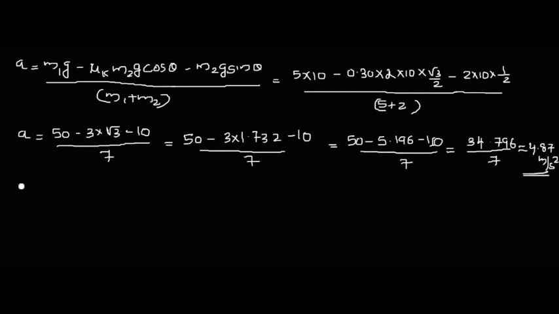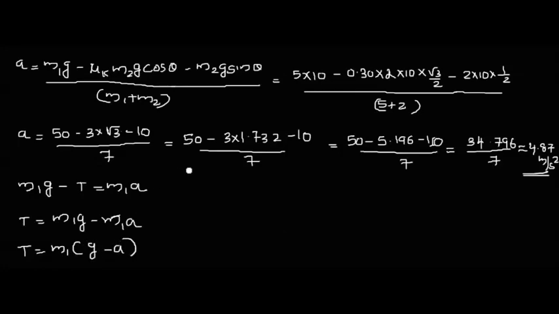Next, to get the value of tension, we have to use either equation number 1 or equation number 3. I am taking equation number 1 because the tension is the same for both the objects. So m1g minus T is equal to m1a. From this, tension T is equal to m1g minus m1a. If I take m1 outside, inside the bracket g minus a.